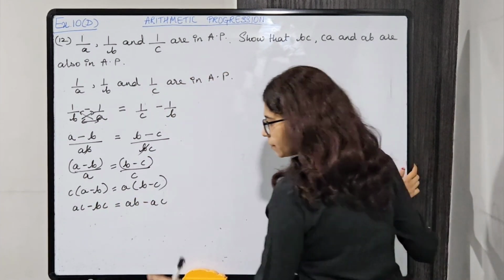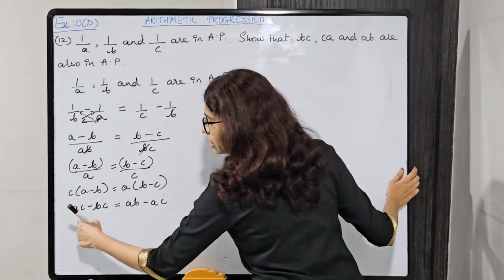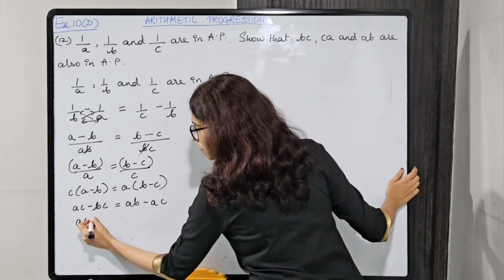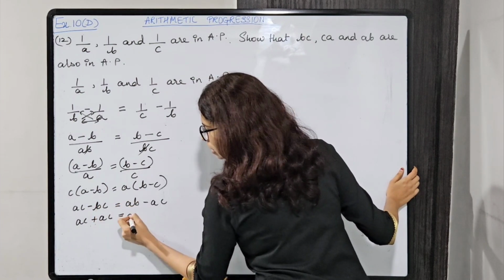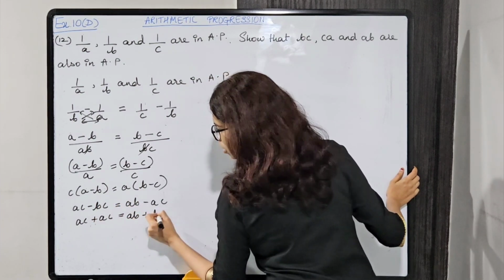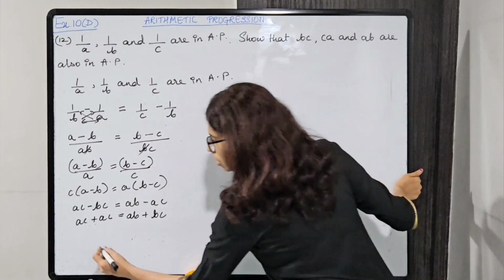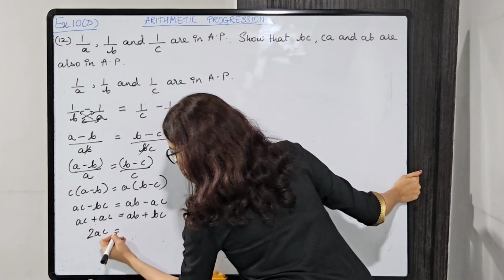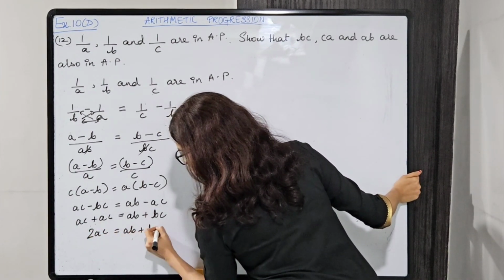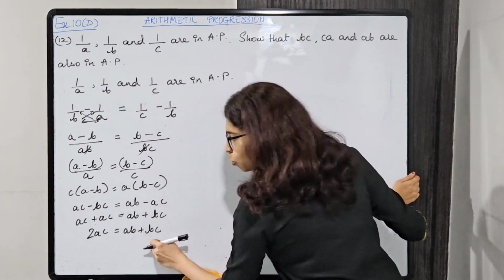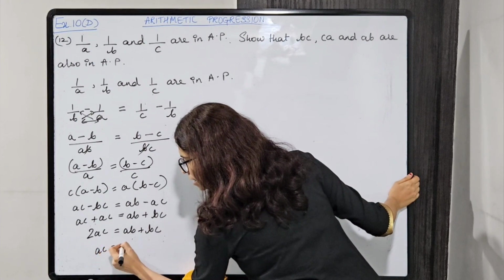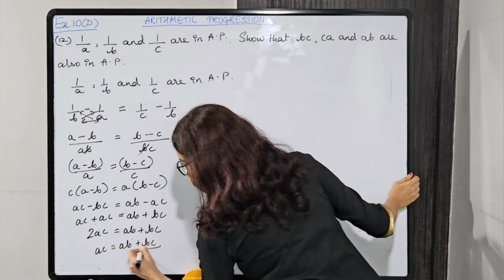Okay. AC को साथ में ग्रुप करते हैं. Okay. So AC plus AC and AB and BC को साथ में ग्रुप करते हैं. So AB plus BC हो जाएगा. Right? So 2AC is equal to AB plus BC. है ना? Let's shift 2 over here. So AC is AB plus BC upon 2.